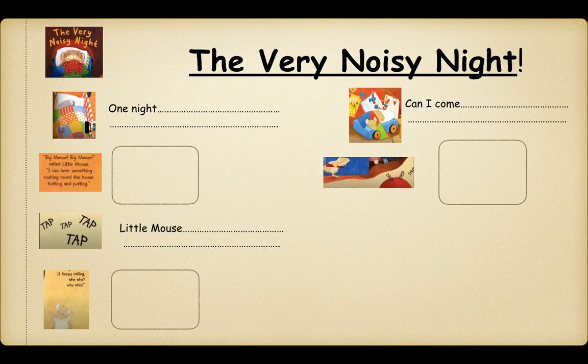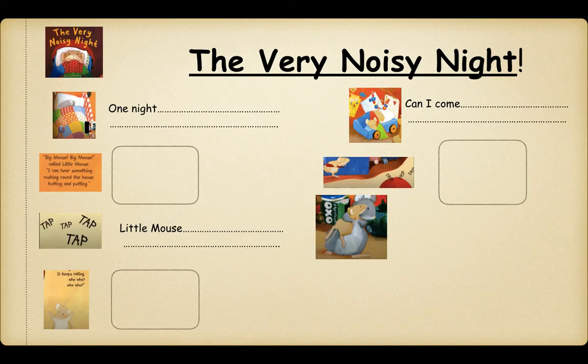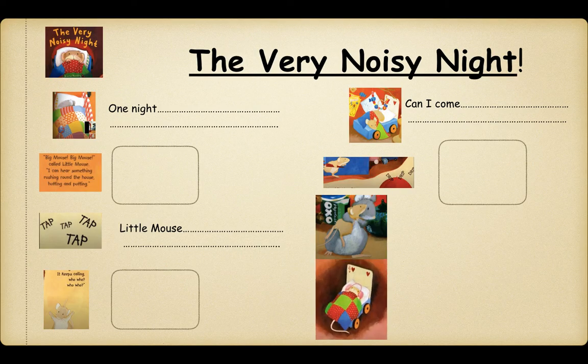I'm going to give you a clue. There's a clue on the left hand side if you can't remember. That goes with drip, drip, drip.